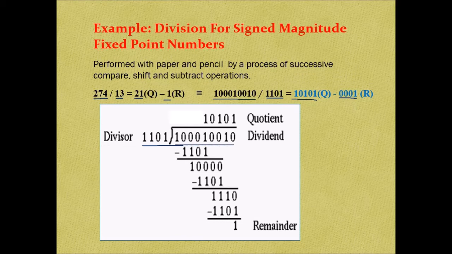As we know, first of all we have to compare the bits of the divisor with the dividend. For that we'll choose these first 4 bits. Once we see these first 4 bits, we can see that this 4-bit combination is less than the divisor. That means the division is not possible.